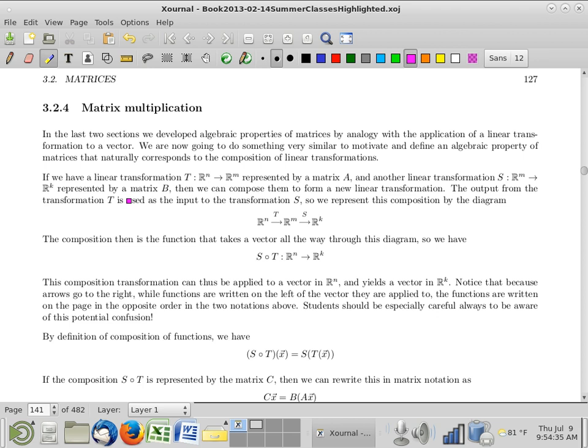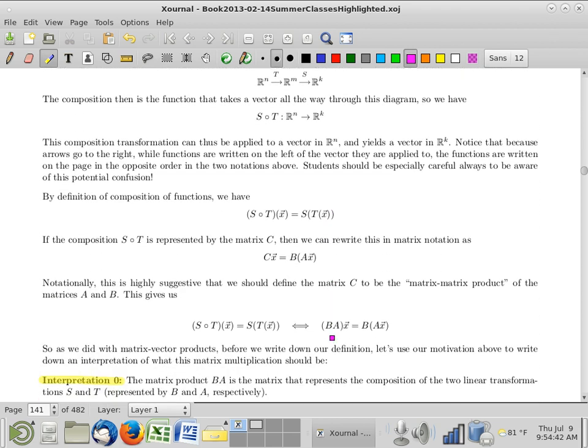And we're going to motivate that by making the observation that, look, if you have a vector, let me come down here and I'm going to highlight this formula.